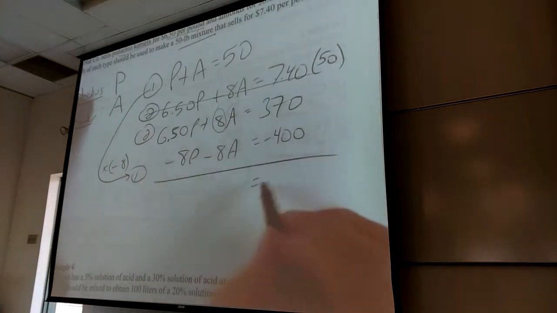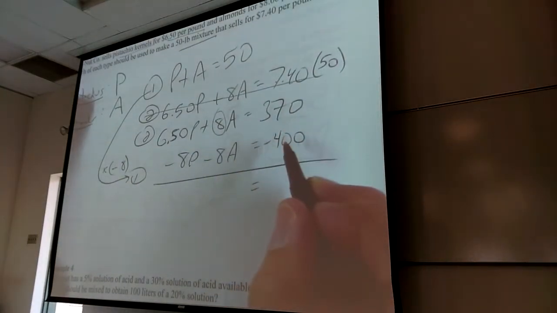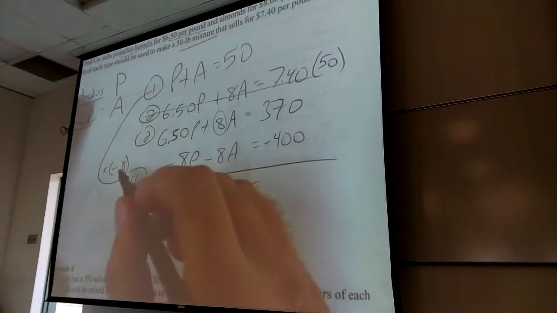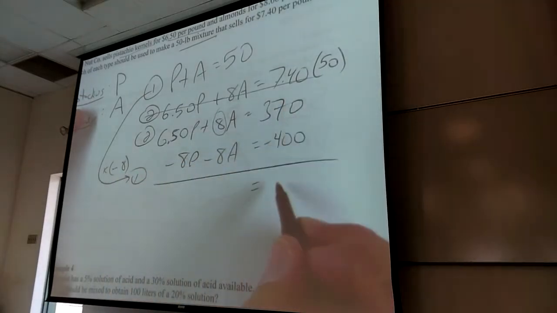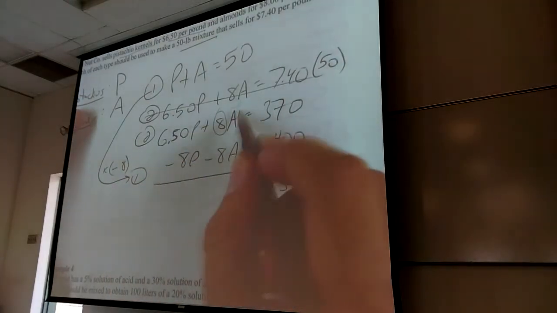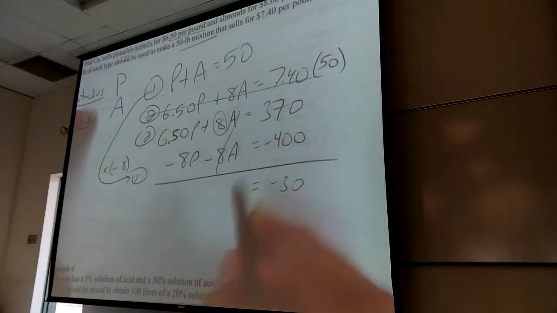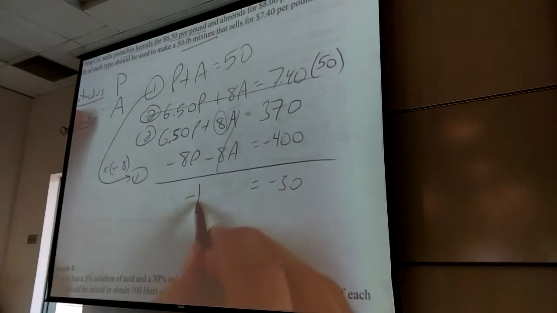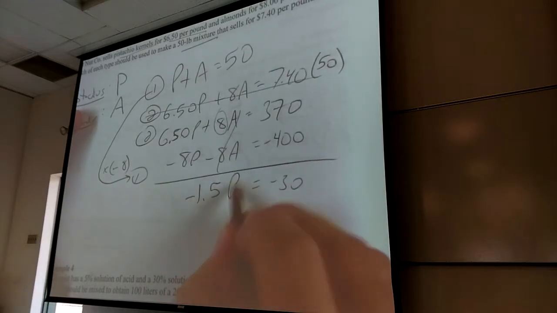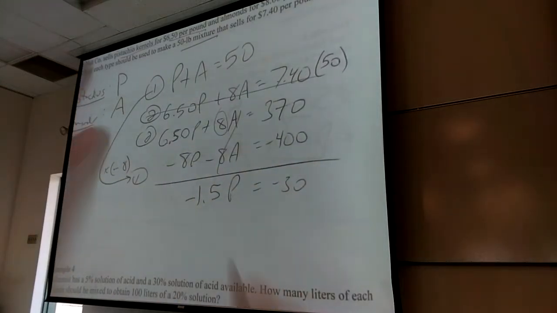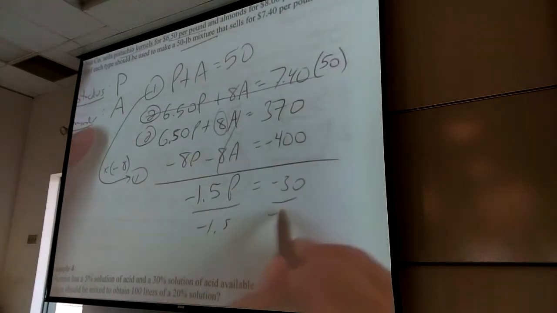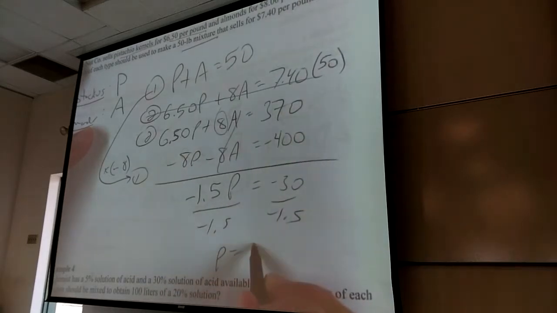So on this side, this sometimes freaks people out. You get a negative number over here, but it's fine, because you're going to get a negative number over here also. So 370 minus 400 is negative 30. The A's go away. 650 minus 8 is negative 1.5. And then when you divide by negative 1.5, you get P equals 20.